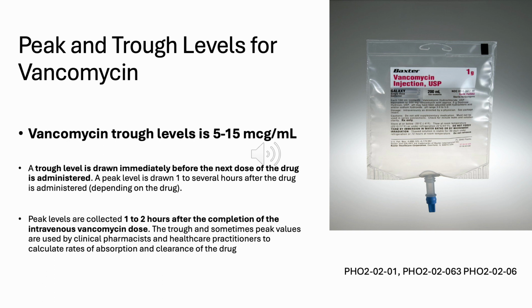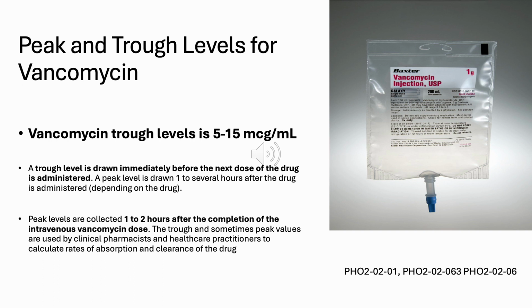If the lab value is close to 15 or over 15, the vancomycin antibiotic piggyback will not be hung for the patient, because if it is administered with the lab value already so close to 15 or at 15, it will push that lab value above that high normal.